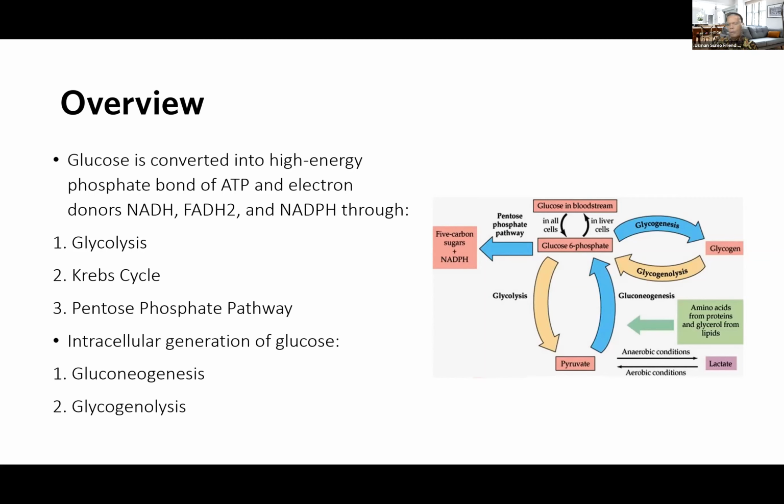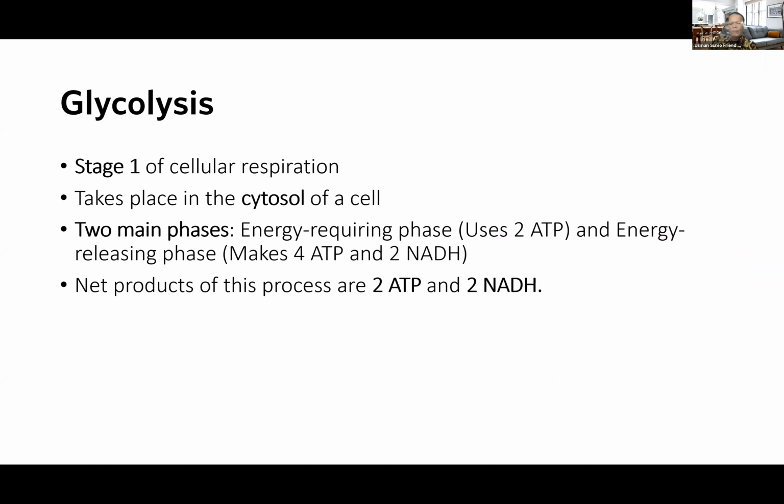The first one is the pathway of glycolysis. The second one, Krebs cycle. The third one, pentose phosphate pathway. Then intracellular generation of glucose: gluconeogenesis and glycogenolysis. Next slide, please.